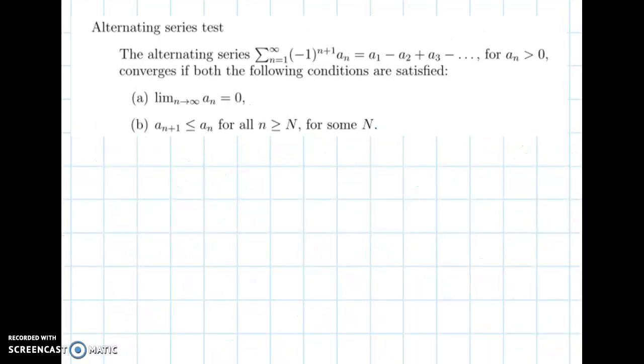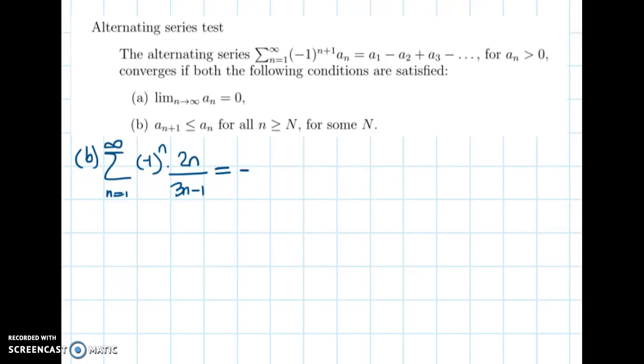Let's see one more example. B is going to be this series, the sum of (-1)^n times 2n over 3n - 1. This is one of the cases where we have (-1)^n instead of n + 1. That's okay.